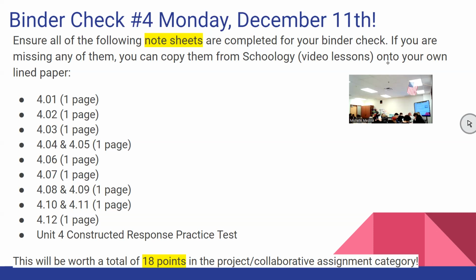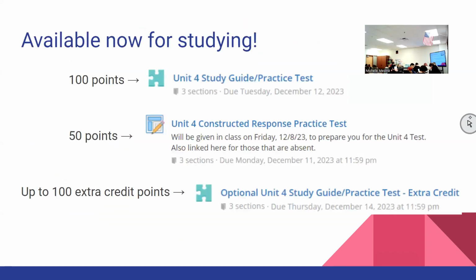These are all available for studying, all at the top of your Schoology. So every unit test, you've had a 100-point study guide that matches the 100-point portion of your test. You've had a constructed response portion for 50 points. And then you've had an extra credit one. And depending on how you score on it, you can get up to 100 extra credit points on that.